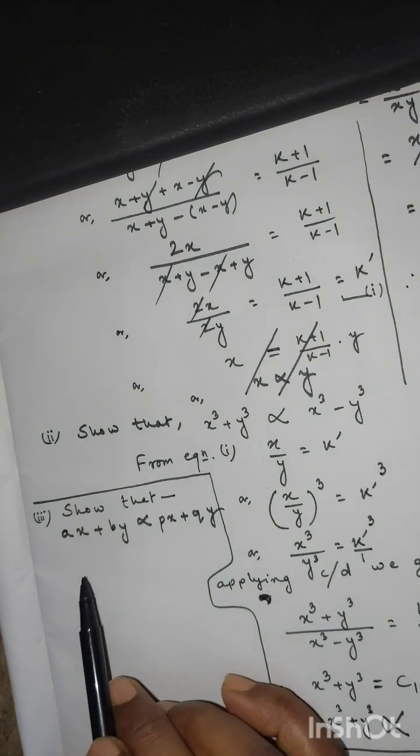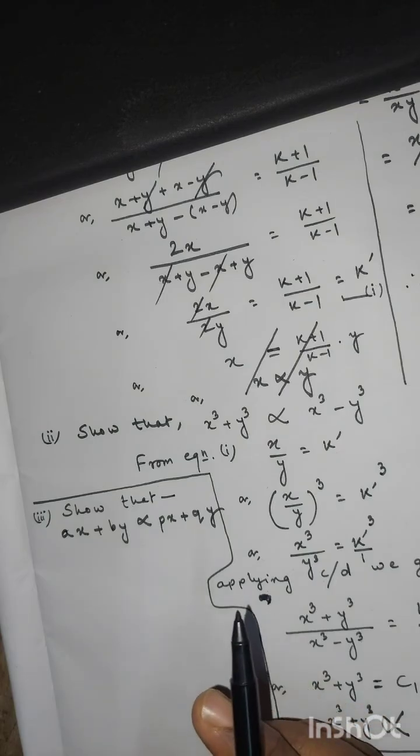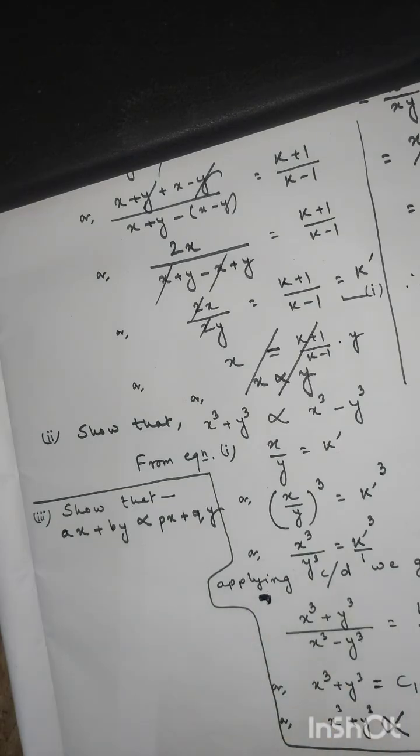If two quantities are directly related, then their ratio must be a constant.